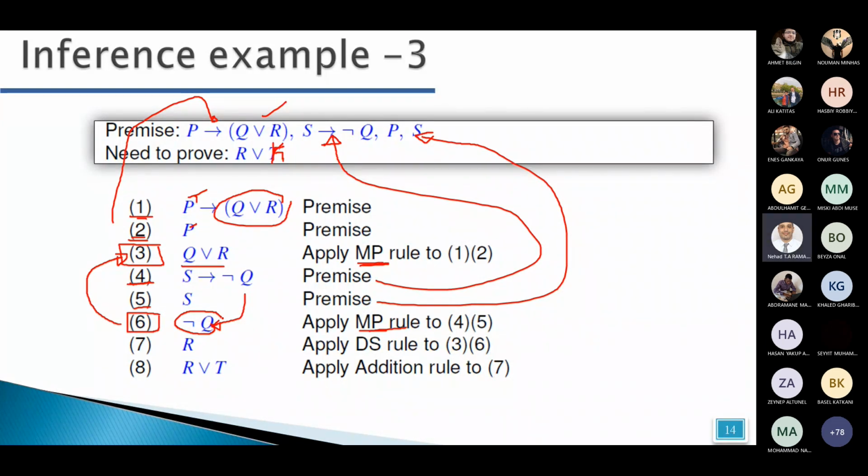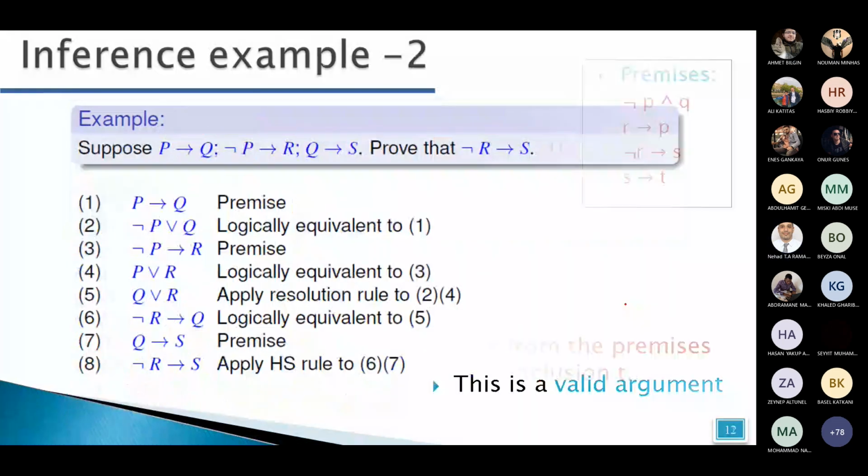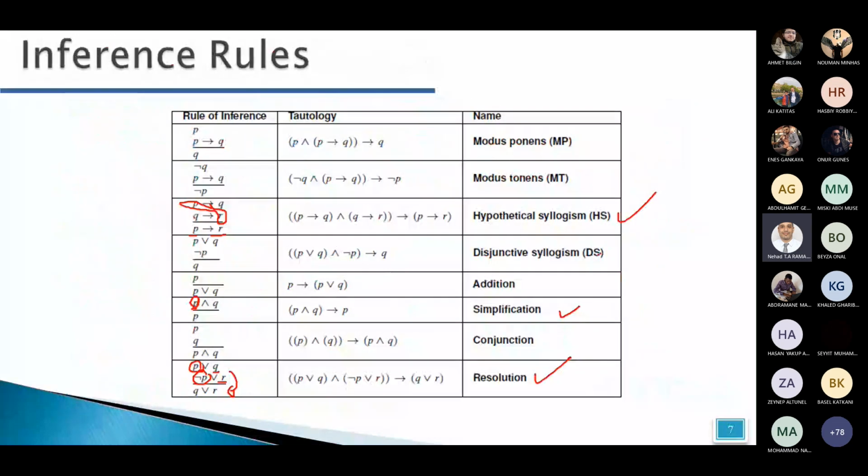As you can see, let me write 3 and 6. 3 says Q or R. Okay, 6 says not Q. You remember this rule? We have not Q, we have Q or R. It's the disjunctive syllogism (DS) rule. I will show you.